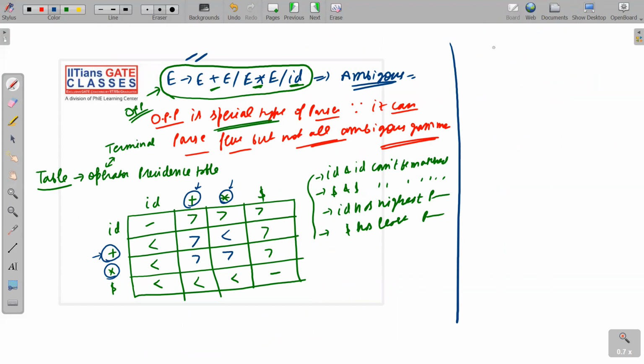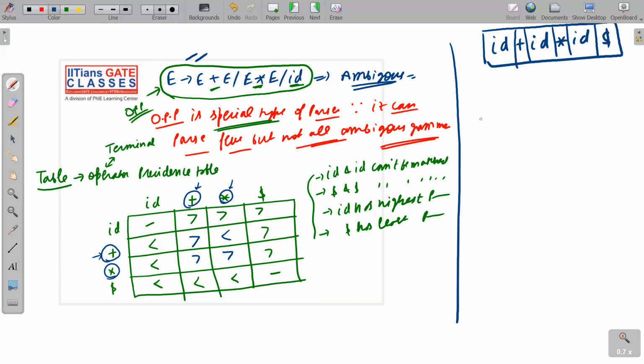So I will say id plus id star id, and at the end we have dollar. We are assuming this is our string, and dollar is at the end. Now how will we construct the parser?